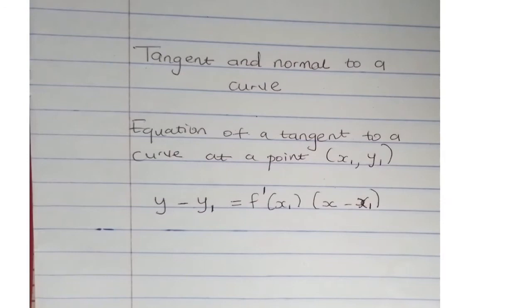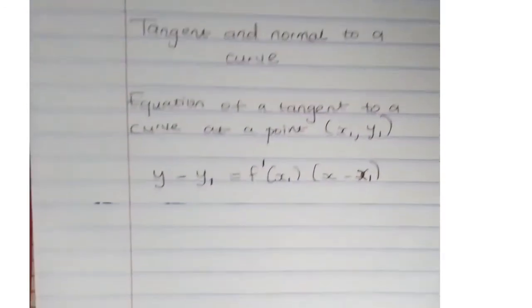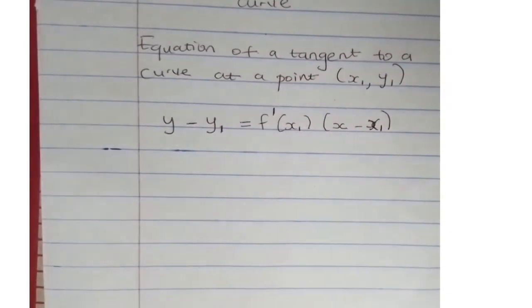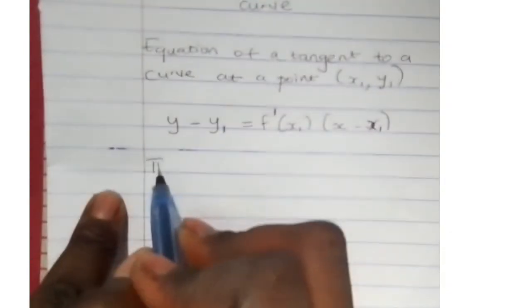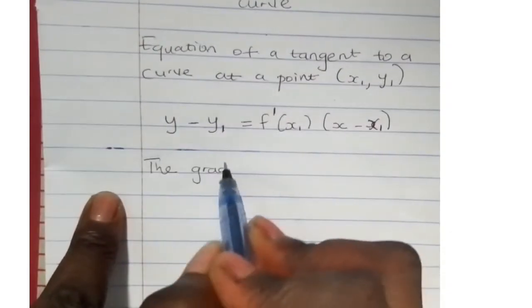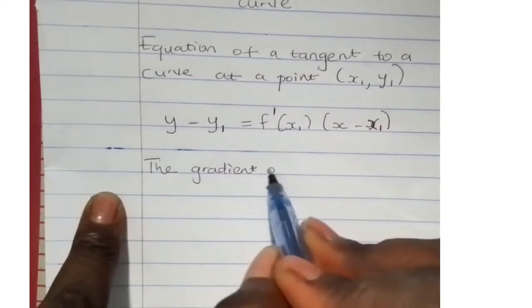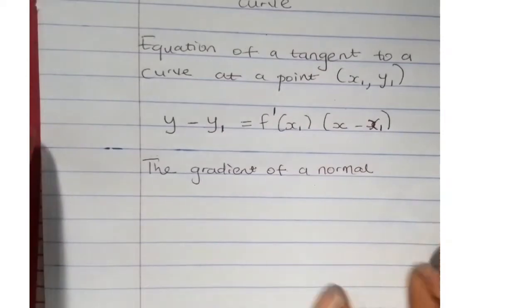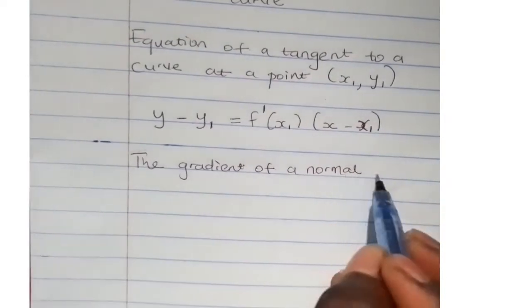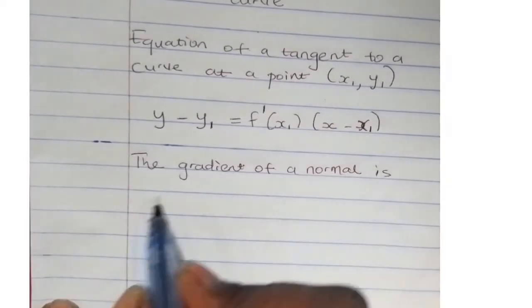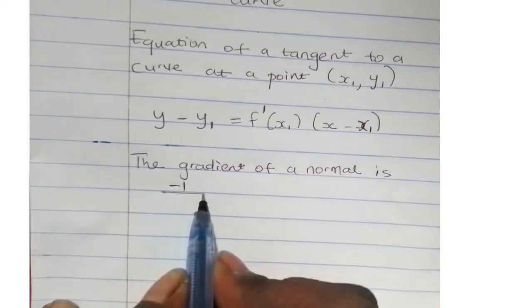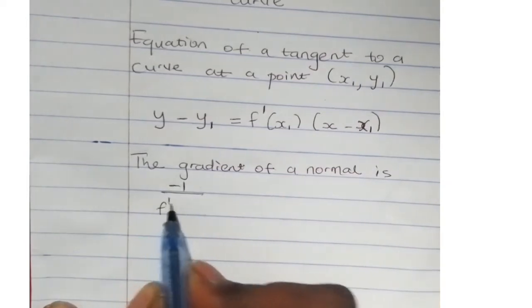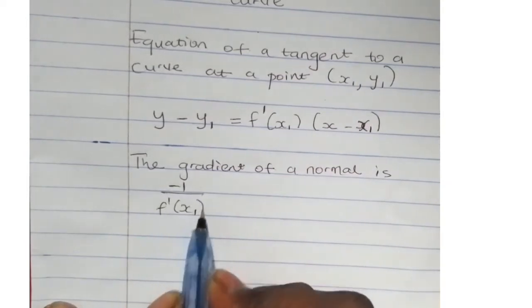Now, we also talk about the gradient of the normal. The formula for the gradient of a normal is given as minus 1 over f prime of x1.